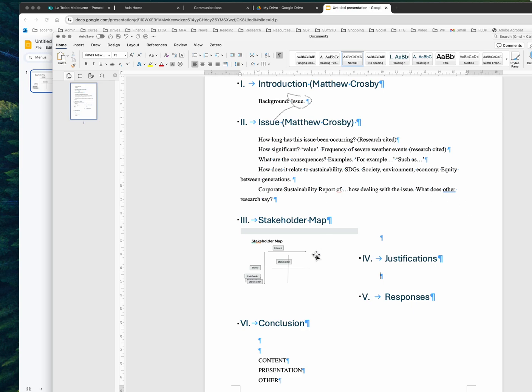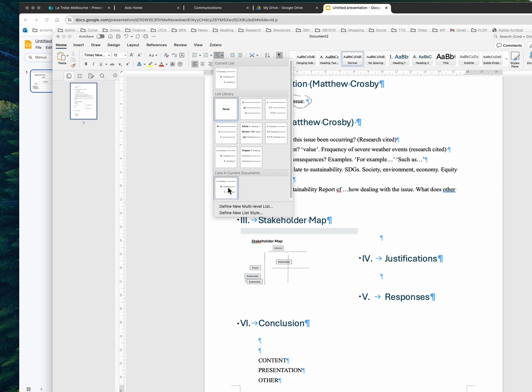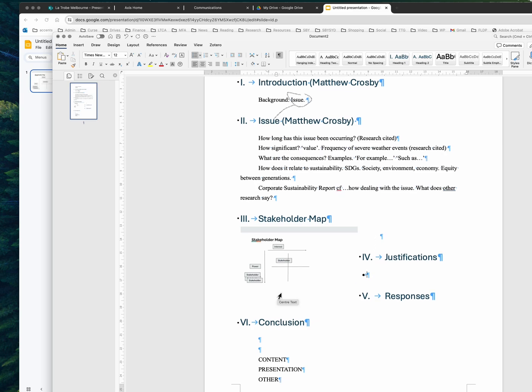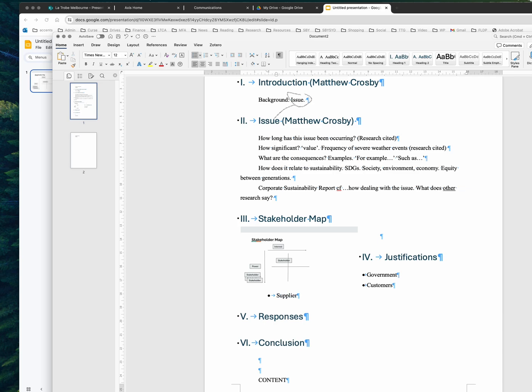I think really you've got a number of stakeholders that you're dealing with, and so going back to our list here, I'd be going to dot points, I would say, stakeholders. So, stakeholder, you're probably going to be talking about government, you could probably be talking about the customers, probably be talking about suppliers, right?